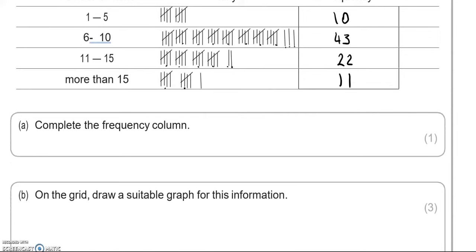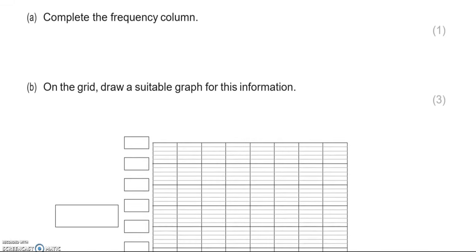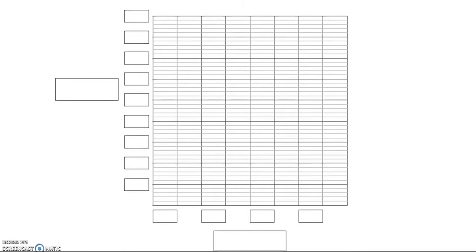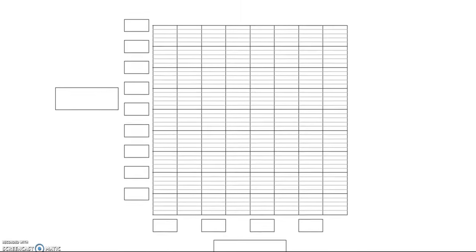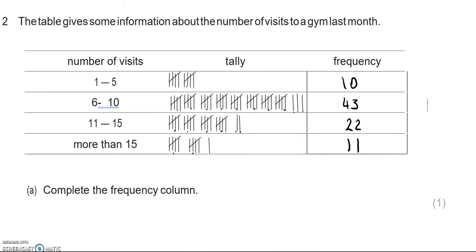On the grid, draw a suitable graph for this information. Having a look at the grid. So horizontally, we're going to show this information we've got here in terms of number of visits.